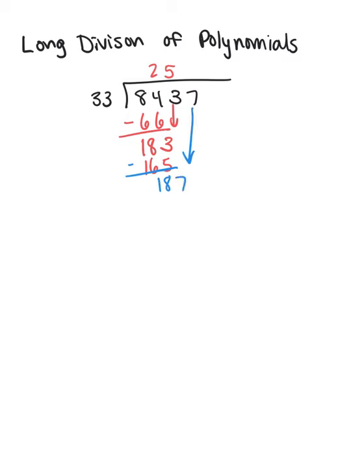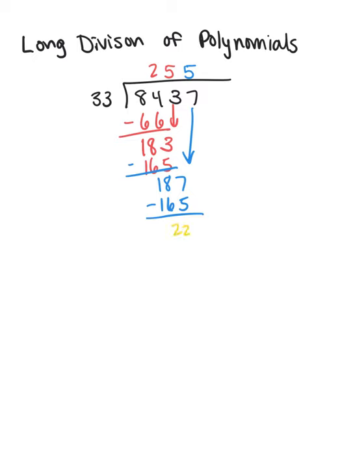And we ask, okay, how many times does 33 go into 187? We'll go with 5 times again because 183 and 187 aren't that much different. So 5 times 33, I get 165. And when I subtract 187 minus 165, we get 22.